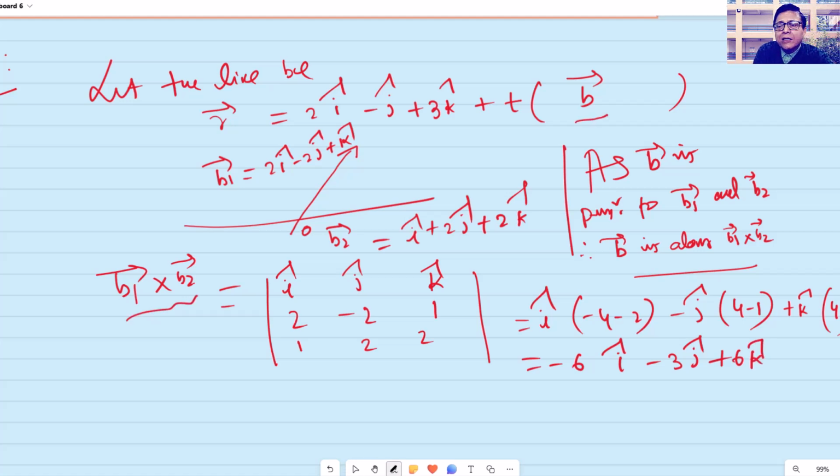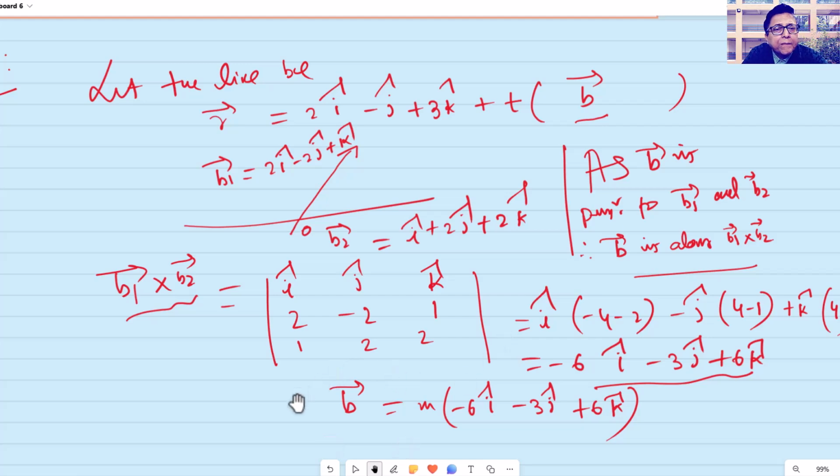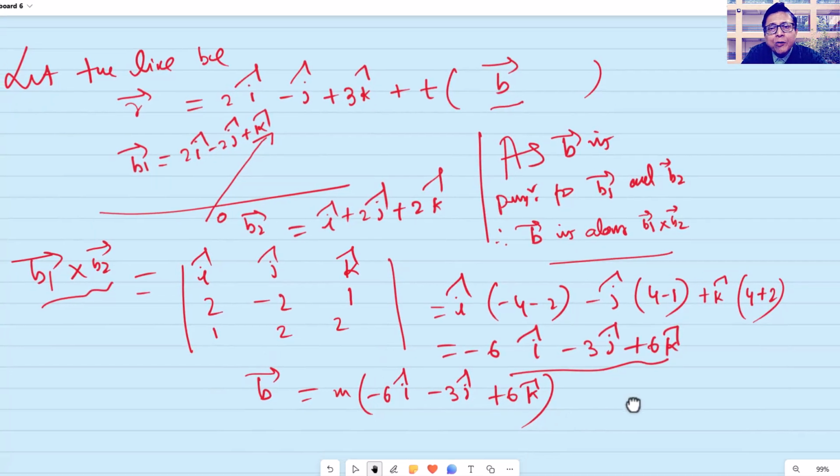This b vector is along this, and t is a scalar over there. So the b vector will be what? The b vector will be some scalar, say I am taking m, into minus 6i minus 3j plus 6k. Put the value of b over there.